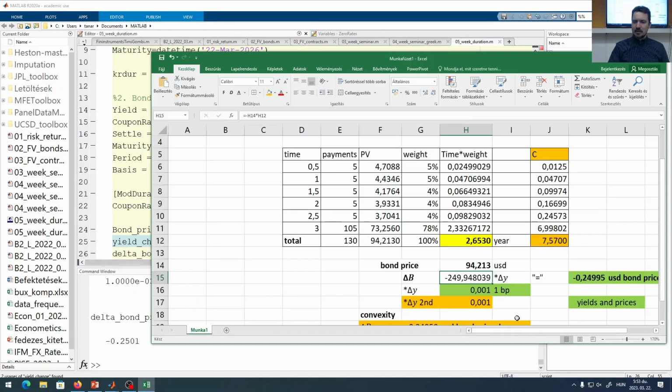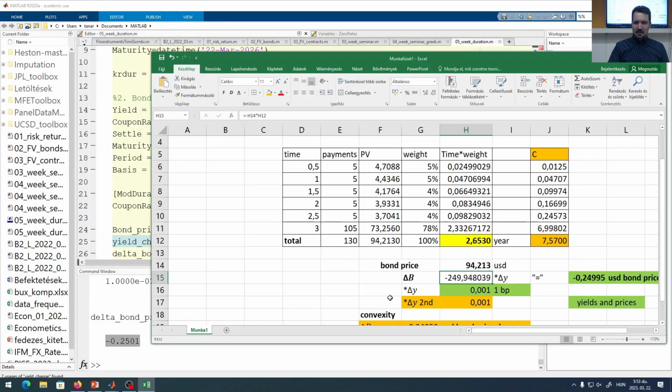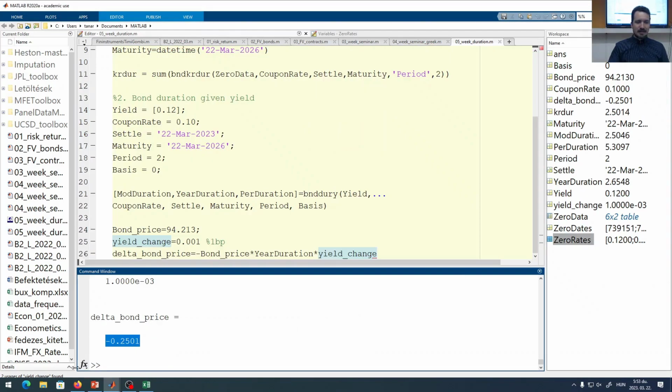So it's also funny that this is not the same from the same inputs, and there are no roundings.